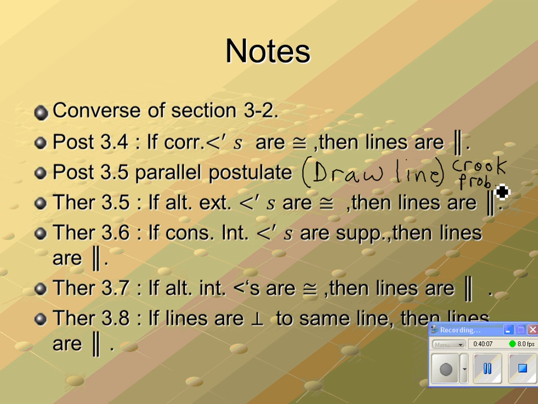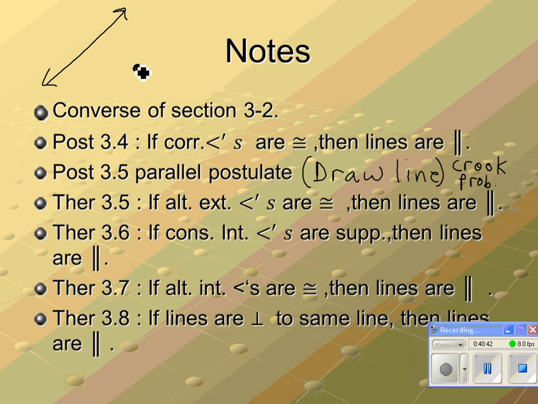On that one, on 3.5, when you get to it, it's called the parallel postulate. All it says, if I have a line here and a point right here, and I make Emma come up and draw a line through that point that's parallel to the original line, and then I make Weston come up and do the same thing in a different color, then I make Faith come up and do the same thing in a different color.